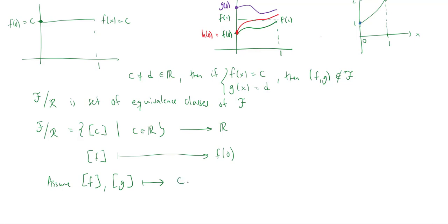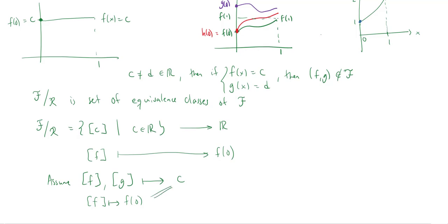Let's call it c. Well, we know where the class of f gets mapped: the class of f gets mapped to f of 0. So if the class of f is mapped to c, then f of 0 has to equal c.